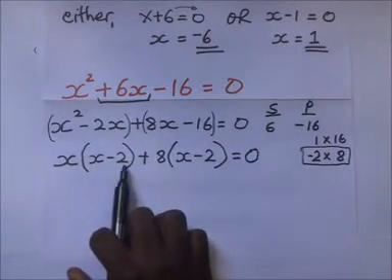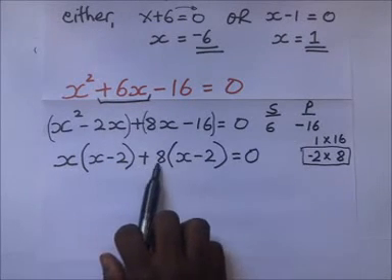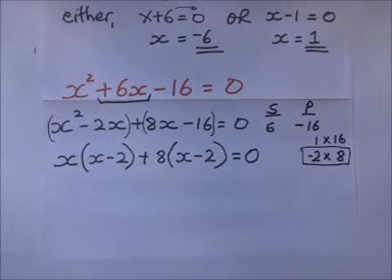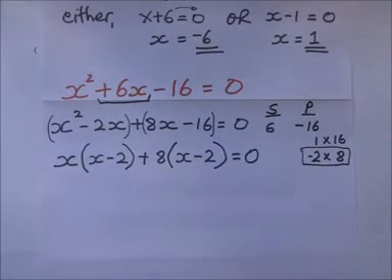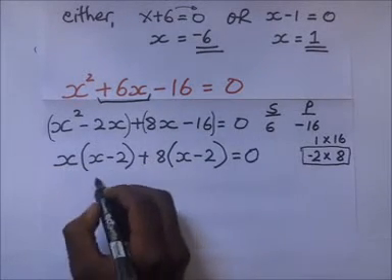So x into x minus 2 plus 8 into x minus 2 is equal to 0. You realize that the terms inside the brackets are the same. And so what we do, we put the terms outside the brackets in their own bracket.